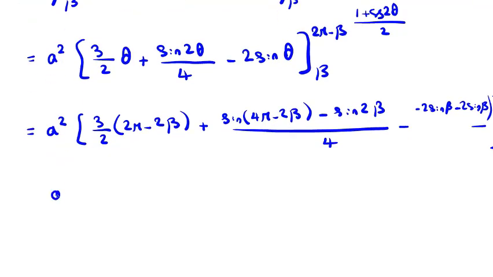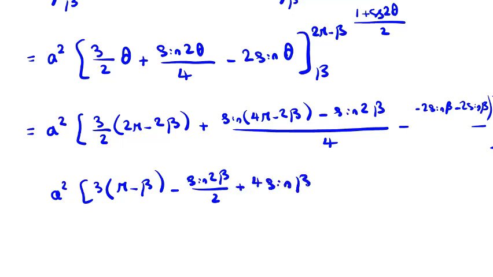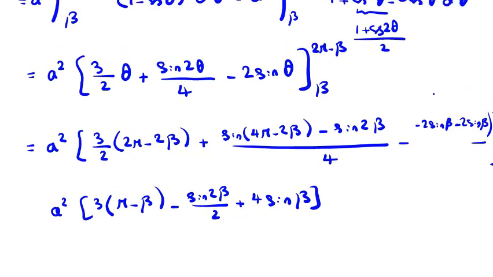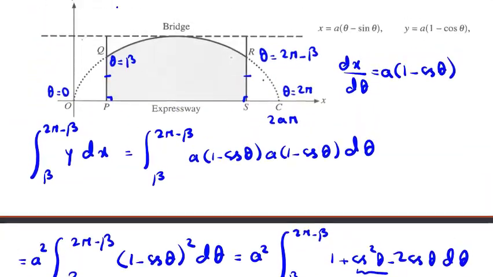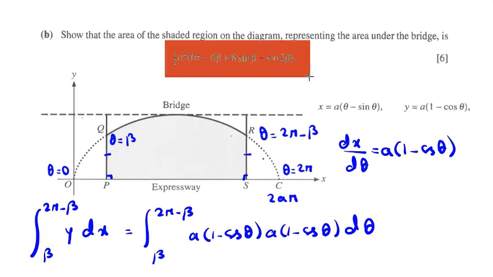So let's simplify. It will be a squared (3 pi minus 3 beta), and sine (4 pi minus 2 beta) will be sine of negative 2 beta, negative sine 2 beta. So it will be negative sine 2 beta over 4, plus 4 sine beta. Let's see what we should prove.